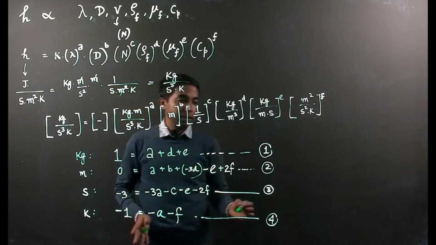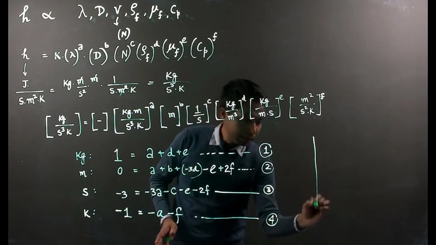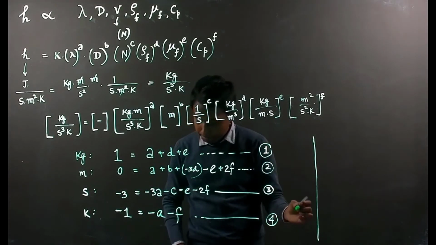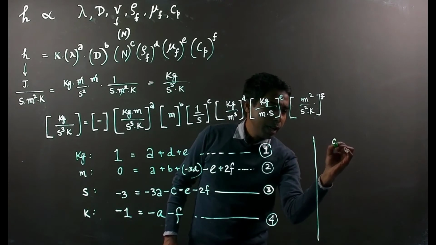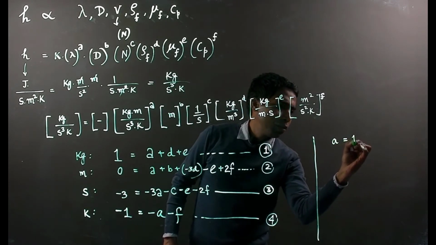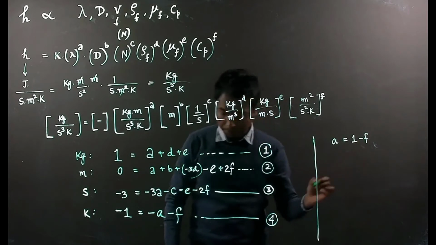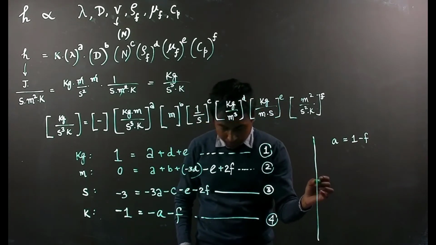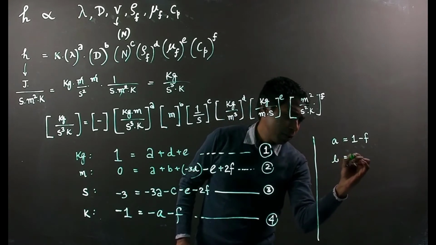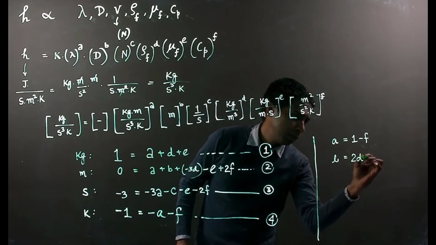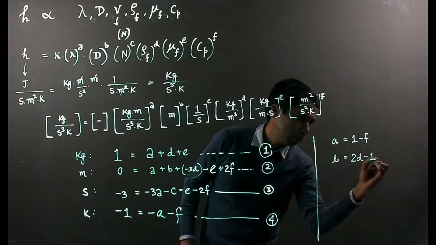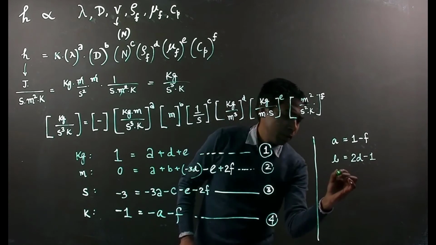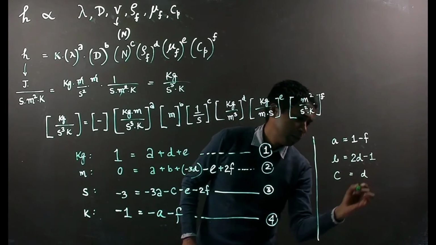If you do that, then you find out that a turns out to be 1 minus f, b turns out to be 2d minus 1, c is just d.